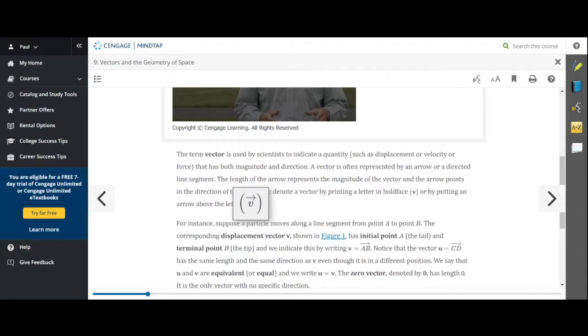Sometimes I've seen vectors with a hat over them. I don't know if you've seen that notation. They'll have a V with a hat over it. But in statistics, a hat means an estimate, so we have to be a little bit careful with the notation, and the arrow is actually the best.